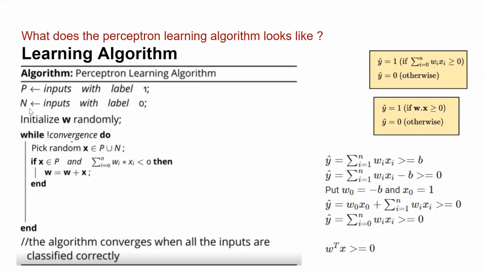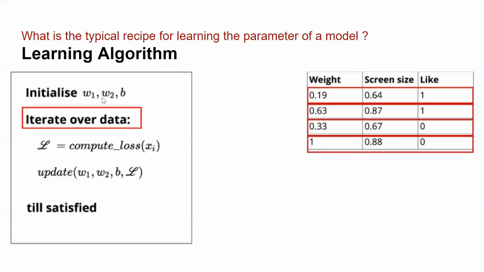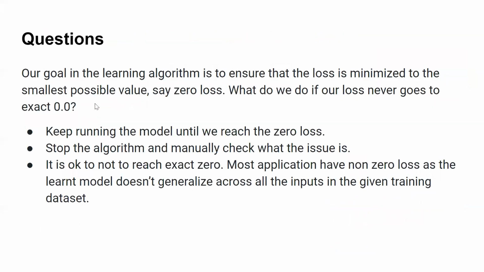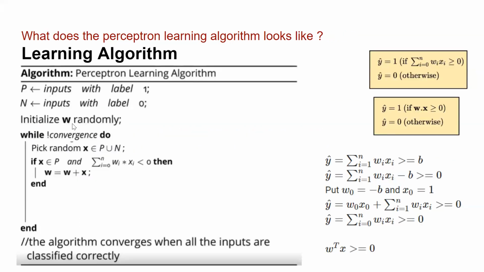N is the set of all my observations where my target value is 0. This notation is just to simplify the computation. Now, first of all, I'll initialize my values of W1, W2, B randomly. So initialize W randomly.